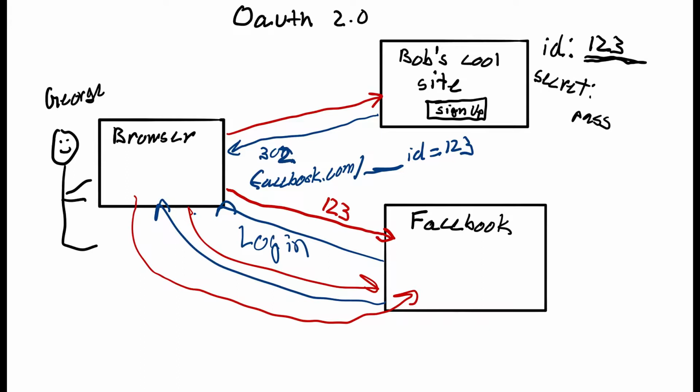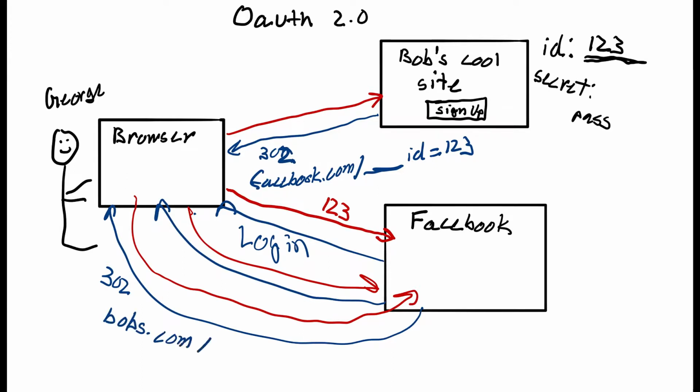Finally, Facebook is going to send back a 302 response, and in this case, the location is going to be Bob's cool site, and as part of the URL, it's going to have a code. The code is going to be a really long string, harder to guess than a password.